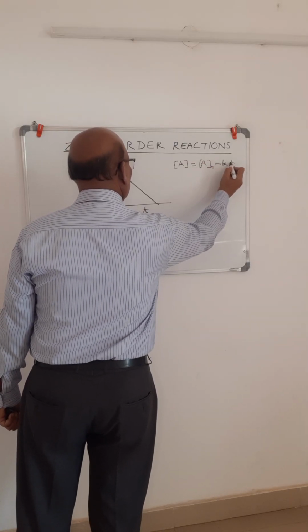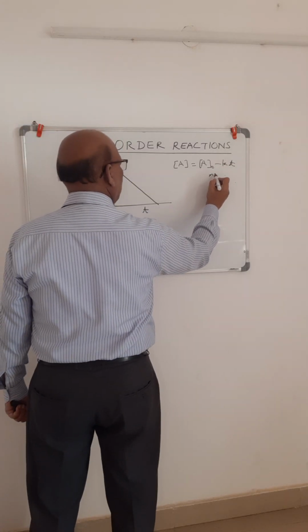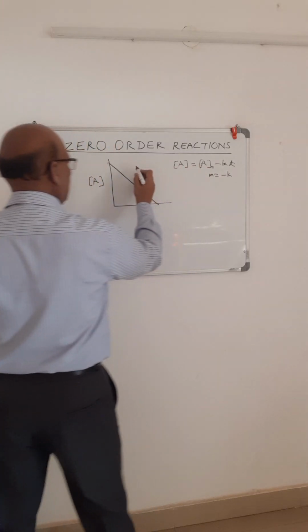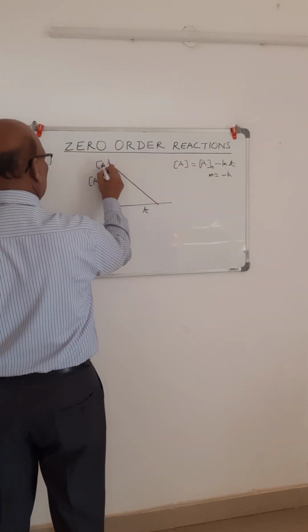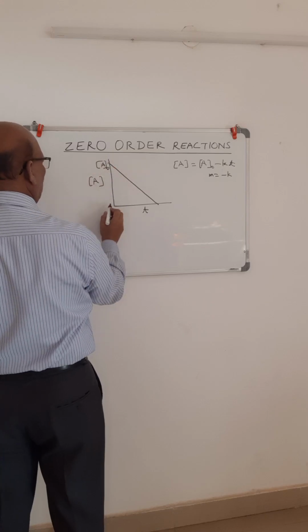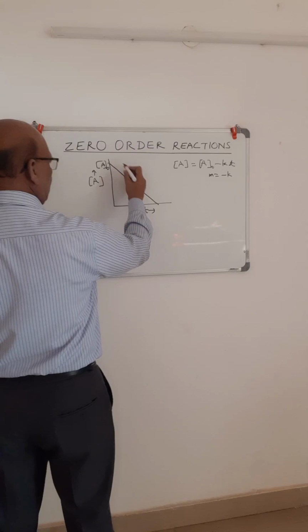It is like y equal to mx plus c, where slope m is minus k and y-intercept is A naught.